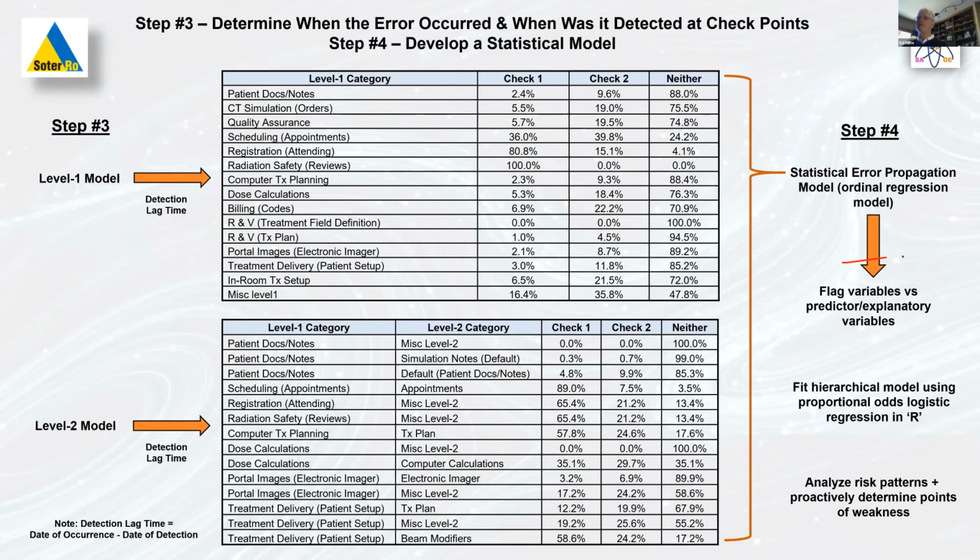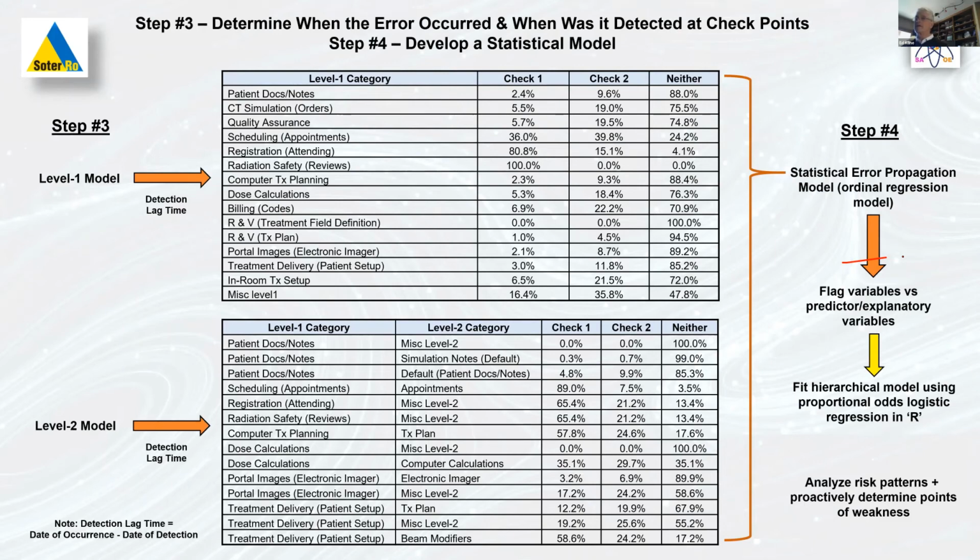And that's what happened here. Then it goes to the next level of flagging variables versus predictor variables. What this means is that we're creating a hierarchical model using proportional odds logistic regression. In this case, it's going to be in R, which is a programming language, until we get the model tested in clinics.